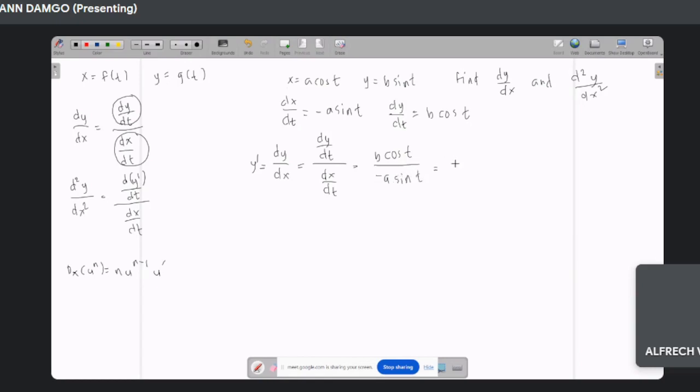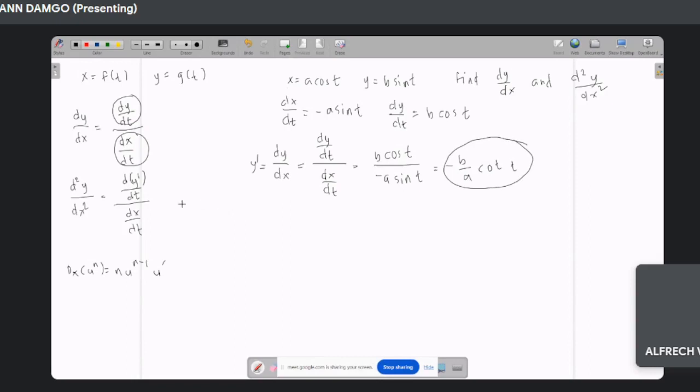So we have negative b over a cosine t over sine t. This is cotangent t. Okay, so now we have the first derivative.